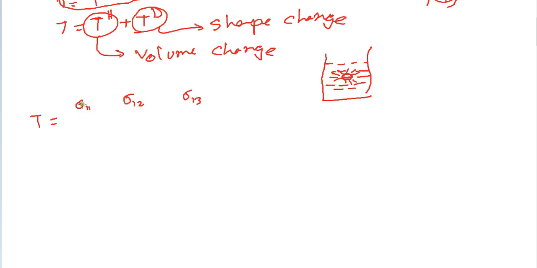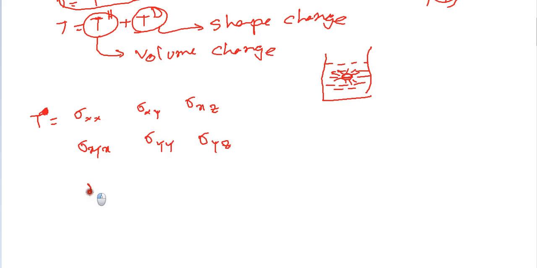Say these are any tensor components, not the hydrostatic tensor: sigma xx, sigma xy, sigma xz, sigma yx, sigma yy, sigma yz, and sigma zx, sigma zy, and sigma zz, right?